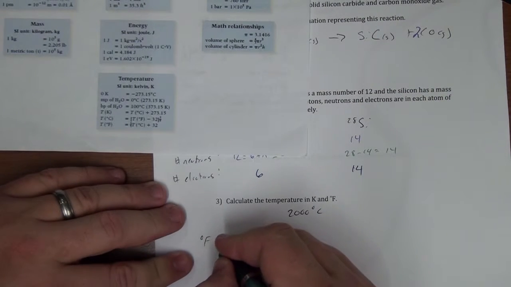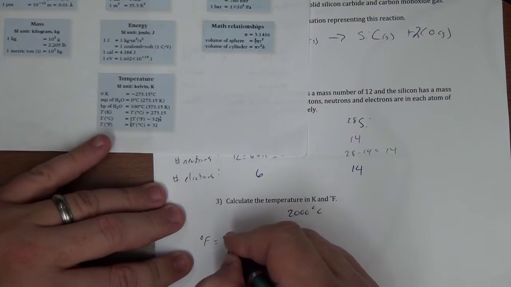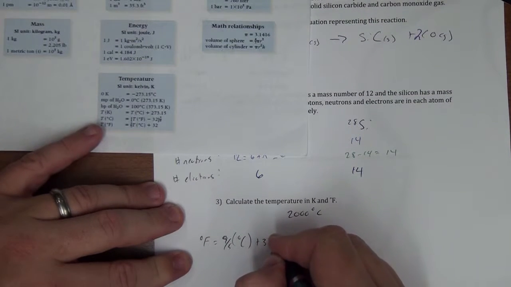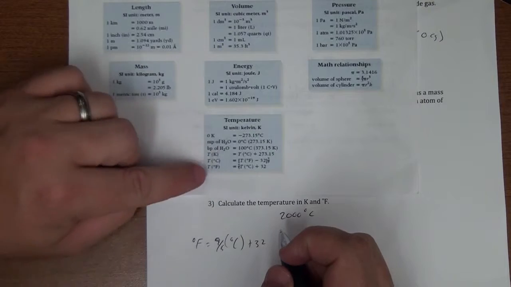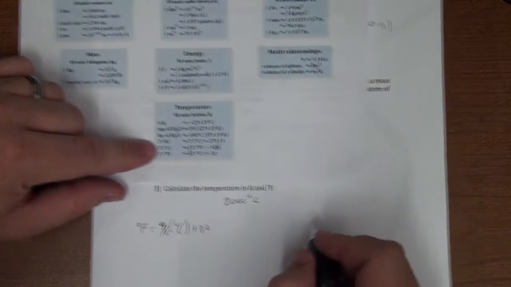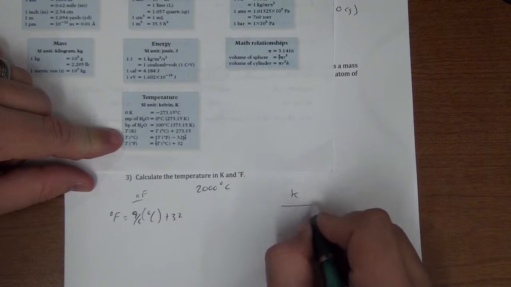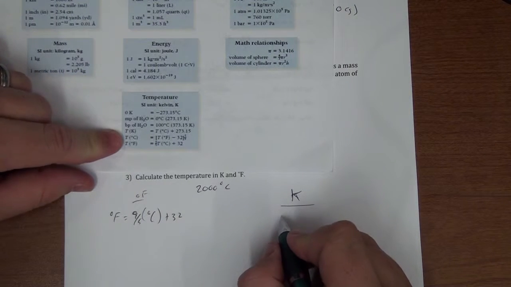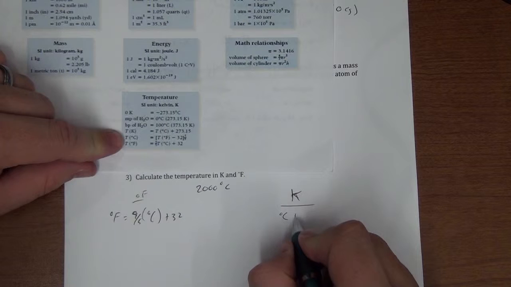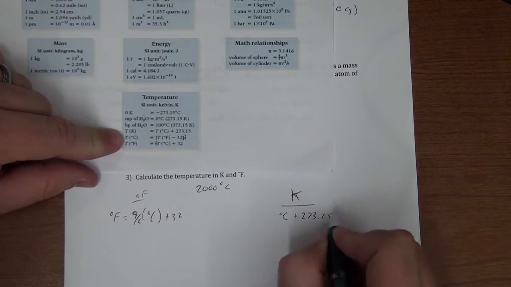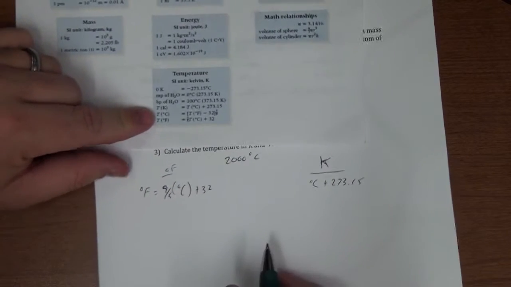So degrees F is going to equal 9/5 the degrees Celsius plus 32. To calculate Kelvin, we're going to take the degrees in Celsius plus 273.15 to get our response.